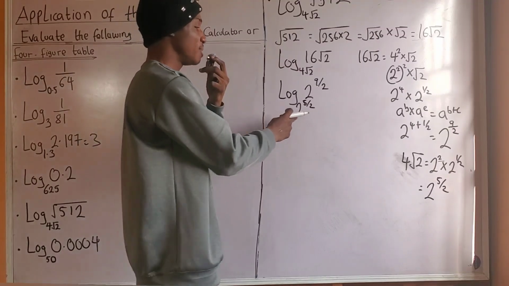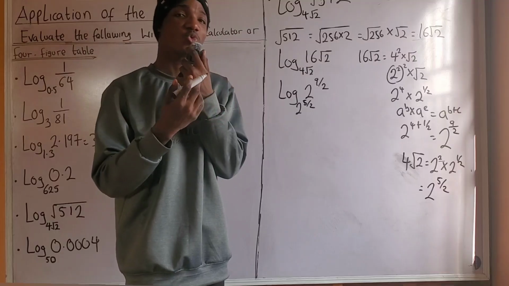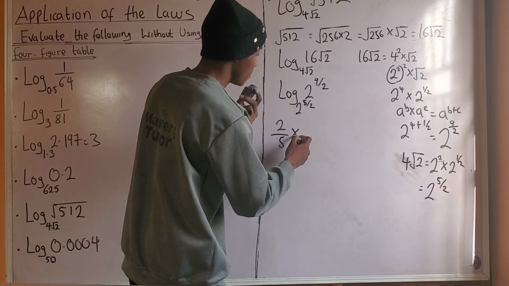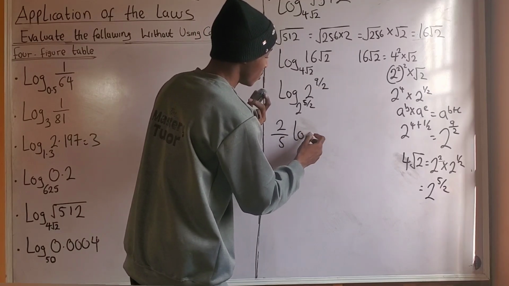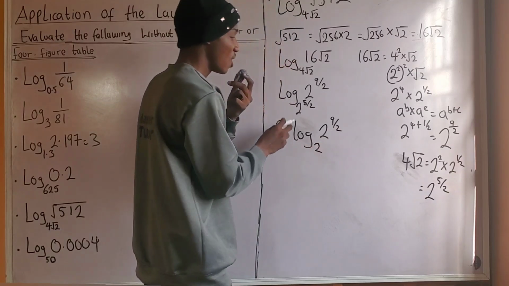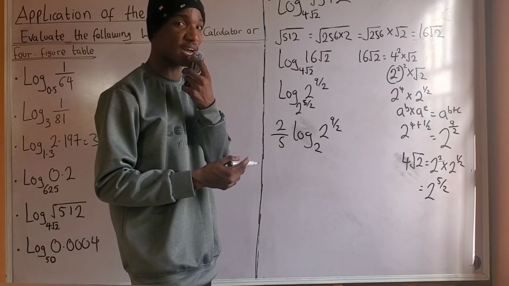The power of the base here is 5 over 2. So, what is the inverse of 5 over 2? The inverse of 5 over 2 is 2 over 5. So I'm going to have 2 over 5 multiplied by log 2 raised to the power of 9 over 2 base 2. Now, the power has come here, and we now have the inverse of that power, that is 2 over 5, right?